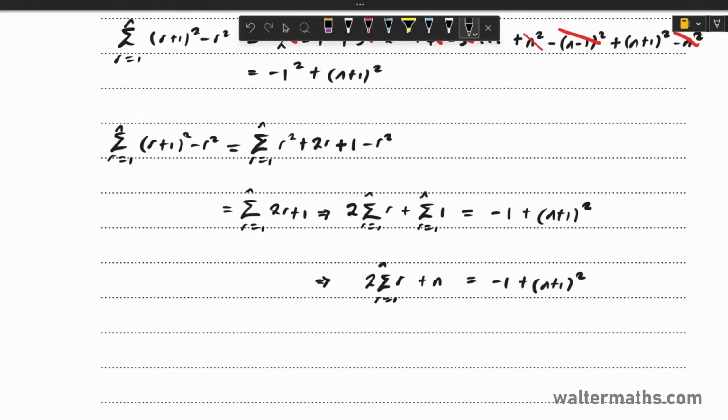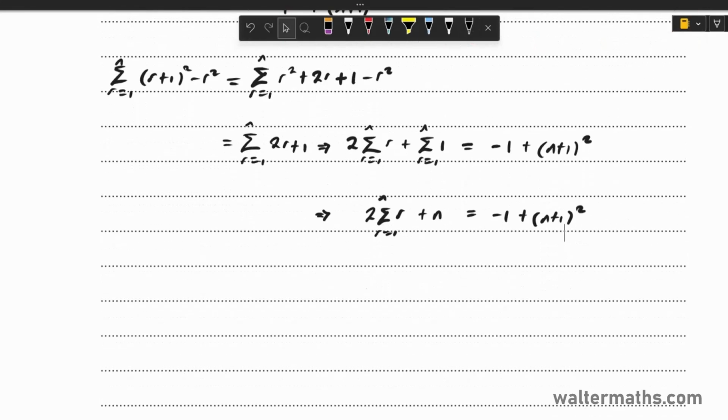I'm going to take n to the right side, and if we do, that will be 2 of the sum to n of terms of the form r is equal to, n goes to the other side and becomes a minus n. So it's minus n minus 1 plus n plus 1 squared.